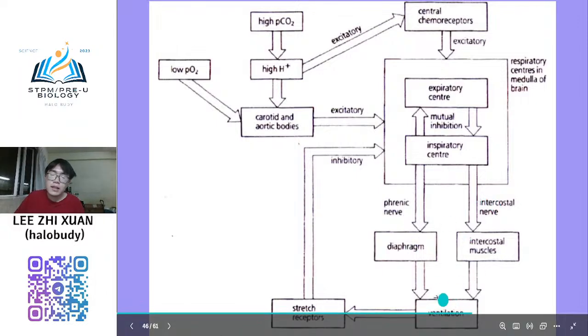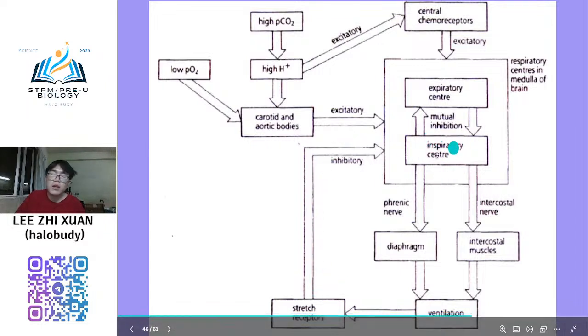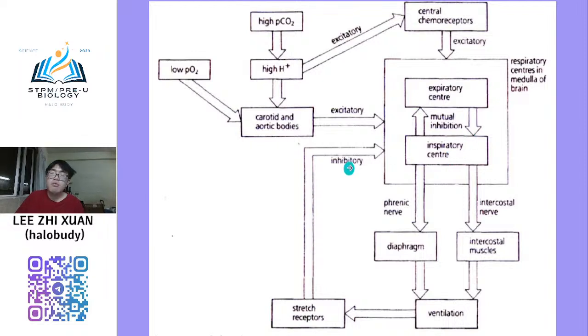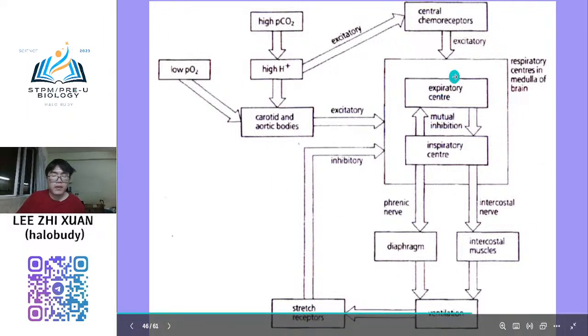And then it will increase the ventilation rate. Once the ventilation rate is very high, as your lung is stretching excessively, your stretch receptor will be stimulated, and then it will inhibit the inspiratory center, and once it is inhibited, the expiratory center will be stimulated. So it is a repeated process.